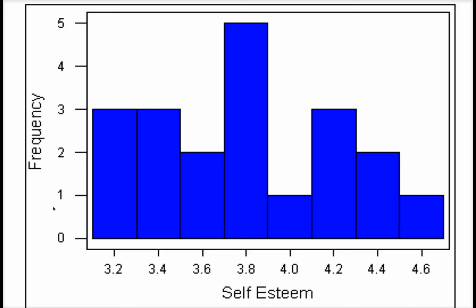Then we have self-esteem, the number of people who score at different levels of self-esteem. Here we see that it's not quite a normal distribution, but we're only looking at a small number of people. We only have 20 people. If we had maybe 2,000 people in our study, maybe it would be more normally distributed.